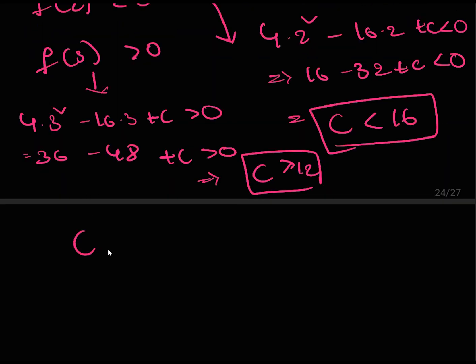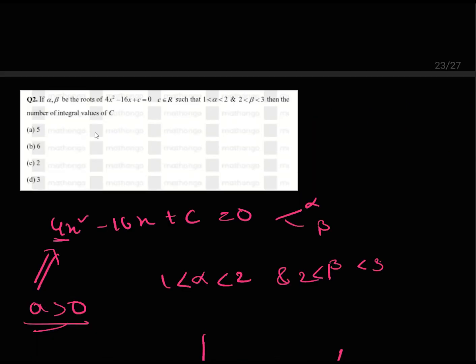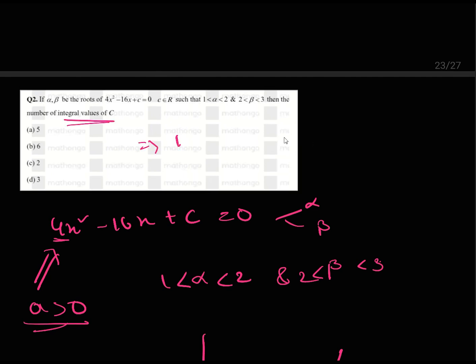Therefore, c must be in the range of 12 to 16. And they are asking for the integral values of c. Therefore, the integral values of c are 13, 14, 15. That is 3. Option D.